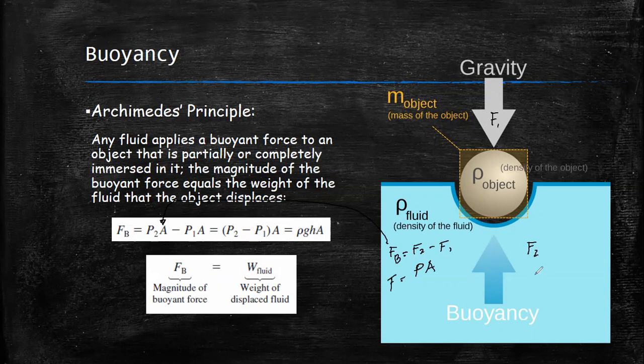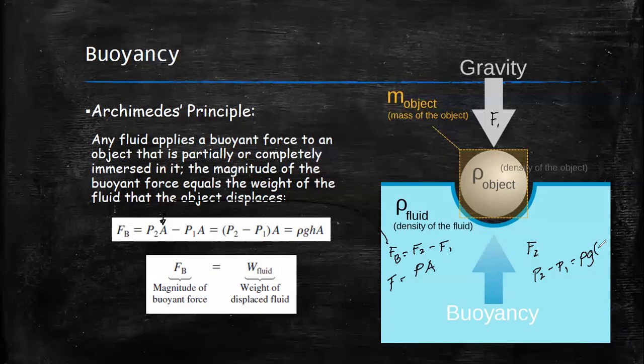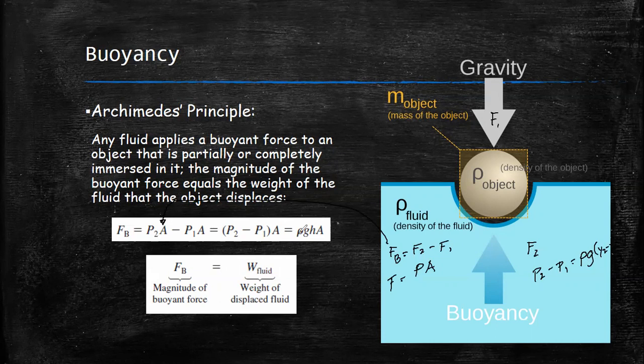Remember our formula: P2 minus P1 is equal to density times gravitational acceleration times y2 minus y1. Thus, we have here our formula for buoyant force.